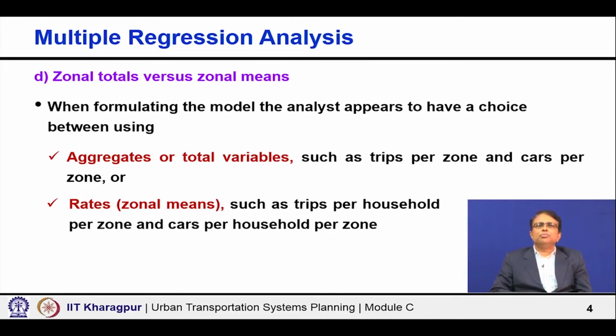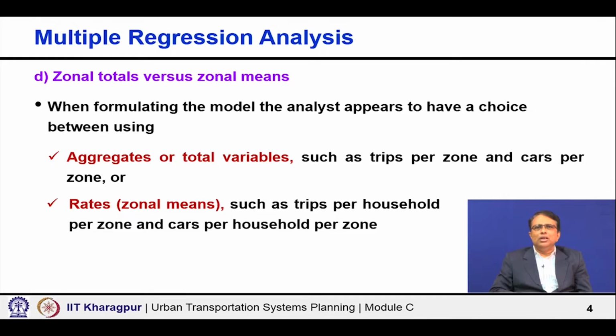So, one is basically total vehicles or total cars zone wise as a variable, and in the second case for each zone what is the rate, that means the zonal mean, how many vehicles per household.